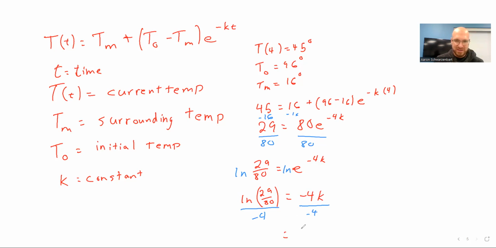And I get ln of 29/80 divided by negative 4. When you put that in your calculator, make sure you close the parentheses on the 29/80 before you divide by the negative 4. This is approximately 0.253. I can now use that to get when it's 20.